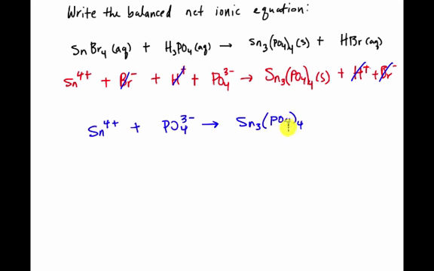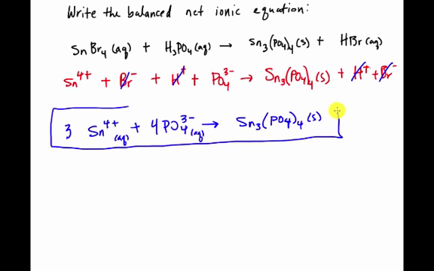Make it look nice and neat. Solid. And I forgot the AQs here. I'll just throw them right here. AQ, AQ. All right, now I need to balance this. So to balance this, I need to put a 3 here, and I need a 4 here. And there is your balanced net ionic equation. Definitely a lot easier to balance this than it would be to balance the whole equation.